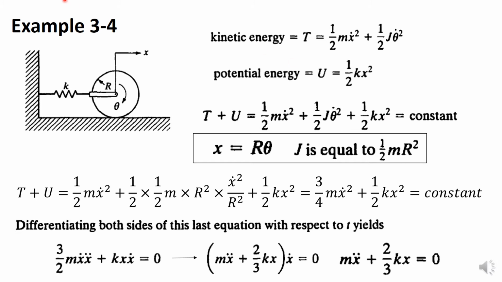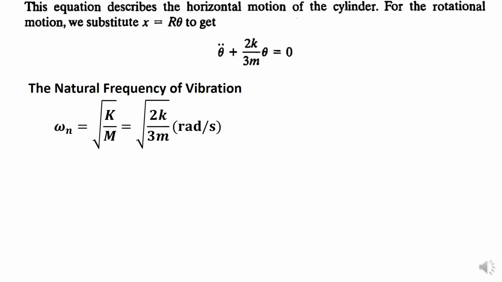Then we can get the rotation system solution. So when we replace x equal to r theta and x dot equal to r theta dot, we will get our solution, which will be this one.